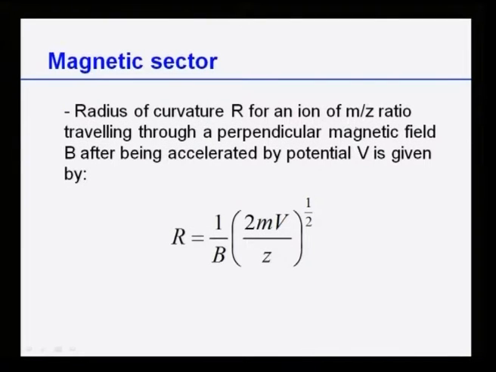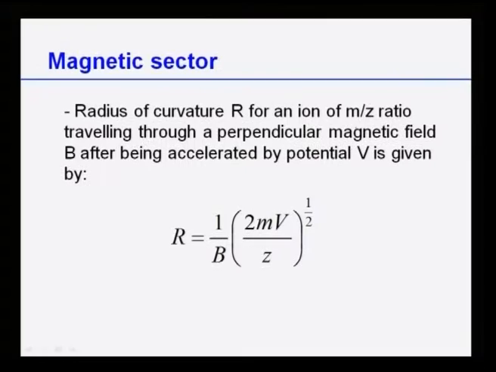I have talked about different magnetic focusing, like single magnetic focus, double magnetic focus, or even quadrupole. Let me give you some idea about what radius of curvature means, and how the ions actually get curved.